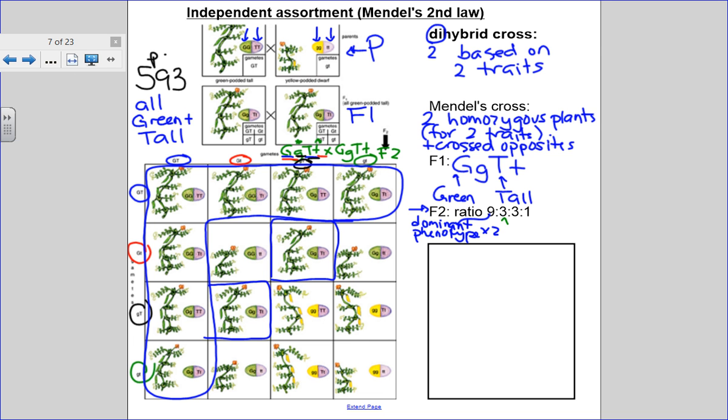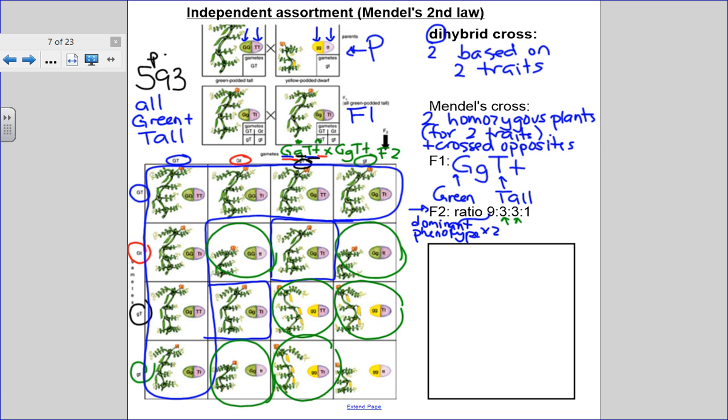The next 3, the first 3, represents organisms that are dominant for one of the characteristics, but recessive for the other. So if I look, this organism, and this one all have the dominant phenotype for the first characteristic, but the recessive phenotype for the second. And then these 3 here are the opposite way around.